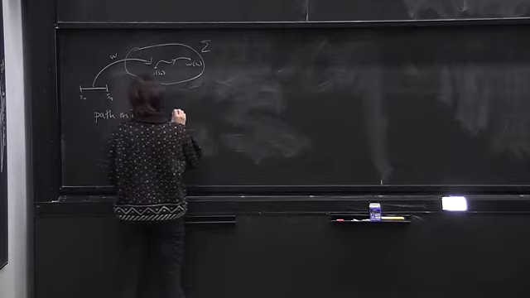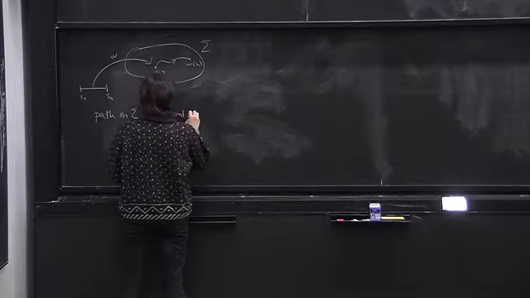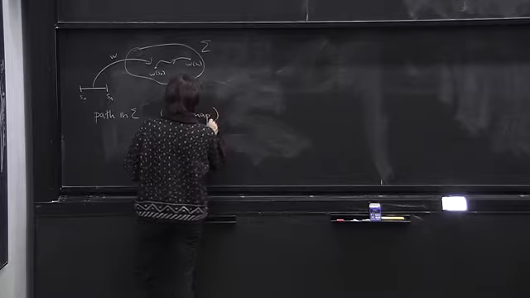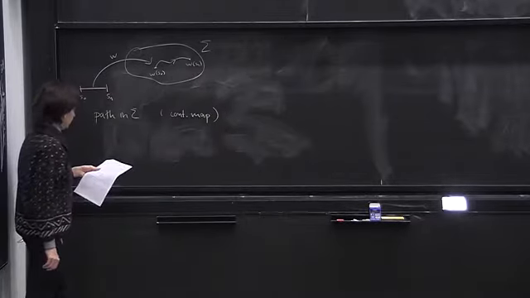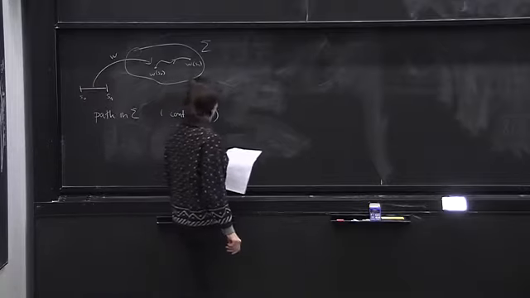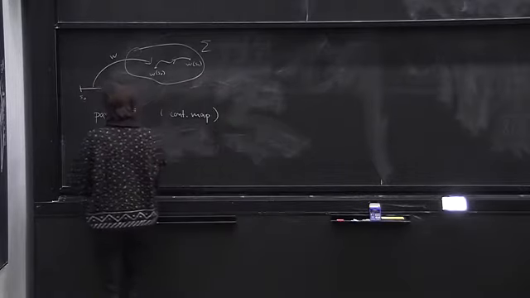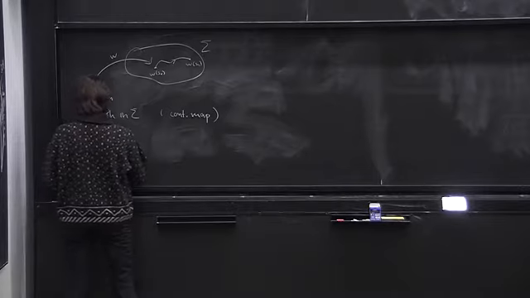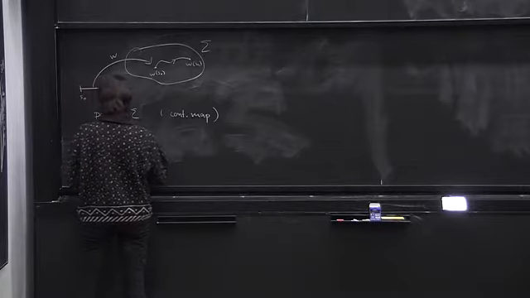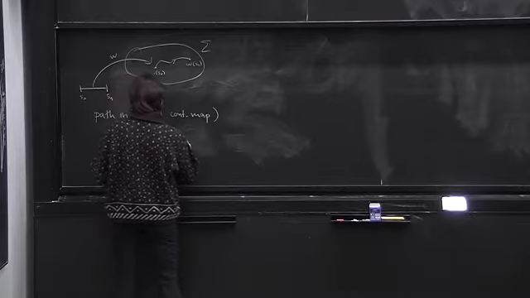And this is a continuous map from this interval in R into Sigma. Now, what is a loop in Sigma, or gamma?